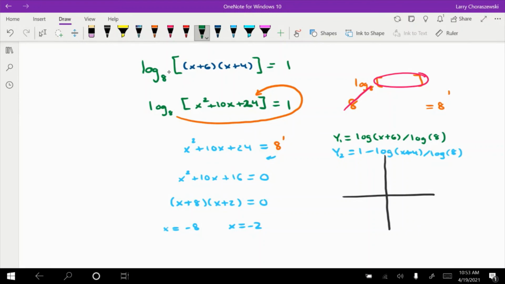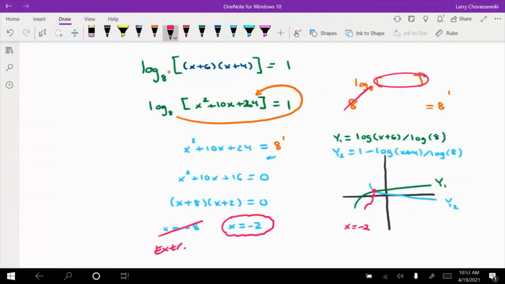And what I found is that y1 did a little doohickey like that, and then y2 was oriented this way. And there's just one point of intersection, and that point of intersection would yield the answer of x equals negative 2. So of these two values of x, our graphing calculator tells us that negative 2 is the real answer, whereas x equals negative 8 is extraneous, which I'm going to write as EXTR.